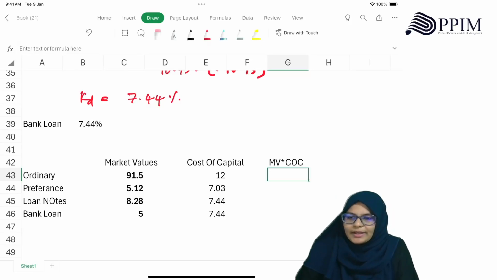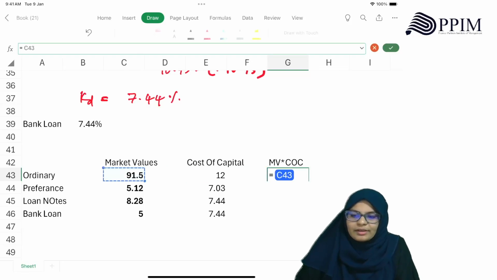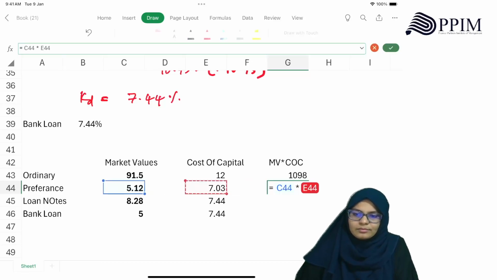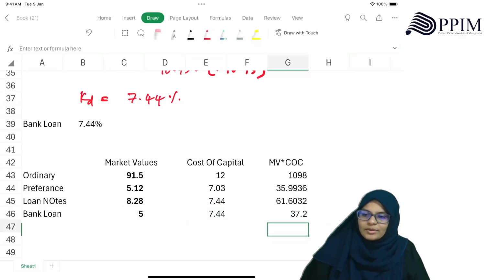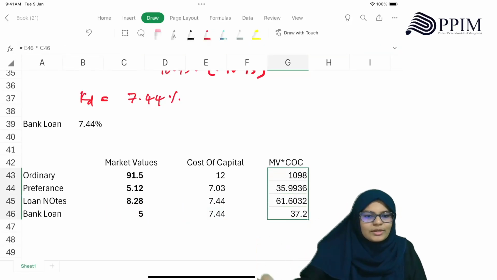So let me do the multiplication. Market value into cost of capital. Yes, so let me take everything to maybe 2 decimal places.